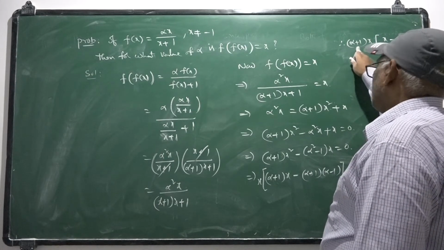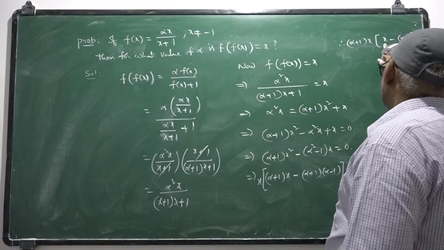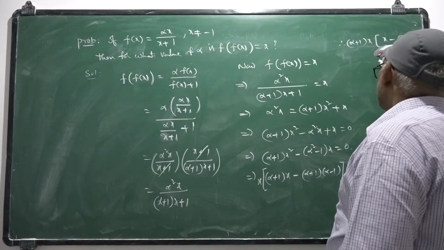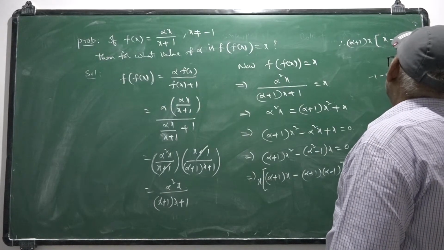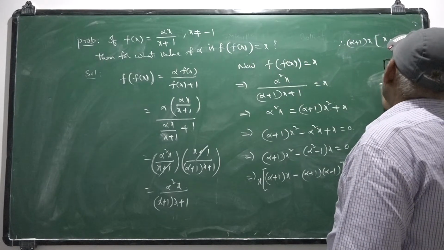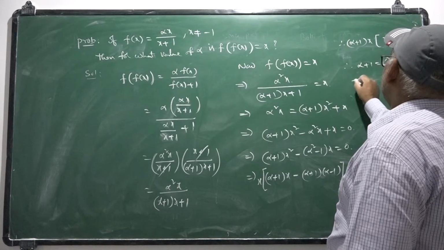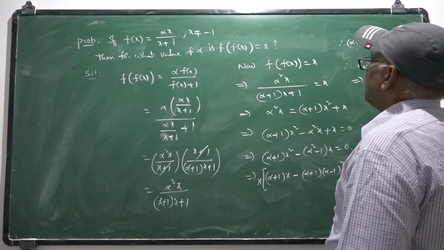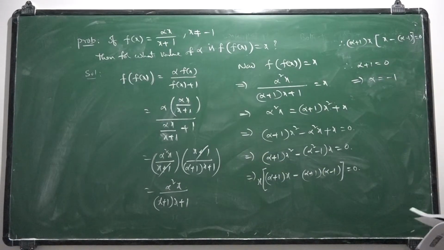Clearly, once alpha plus 1 is 0, x not equal to minus 1. Once x equal to minus 1, then what happened? Minus 1 minus alpha plus 1, which gives us alpha is 0. In such case also, f(x) is 0. So therefore, alpha plus 1 equal to 0 implies alpha takes the value minus 1. The required value of alpha is minus 1.